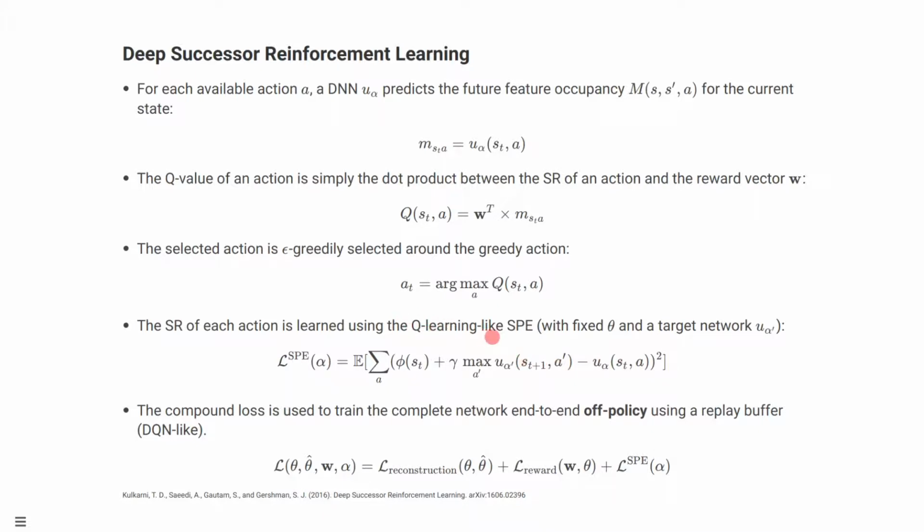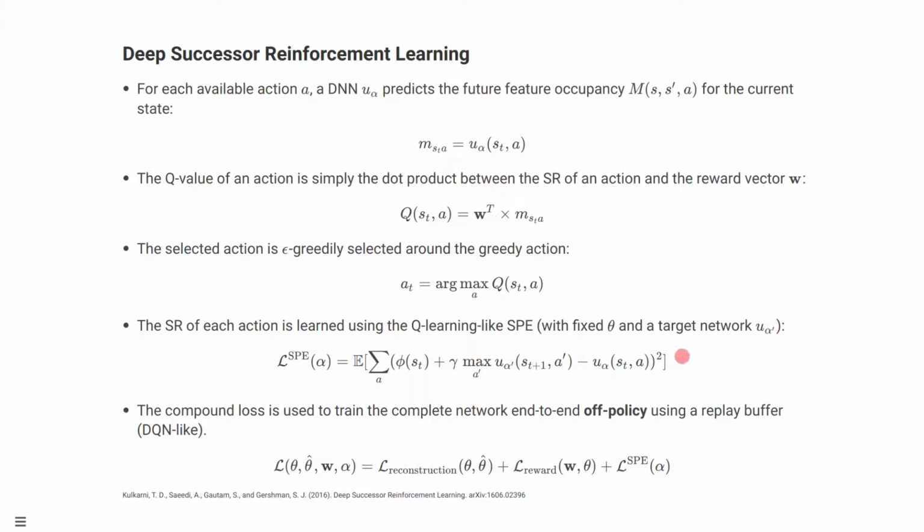So it's really Q-learning-like SPE, meaning that the next action that you take is the one which has the highest Q value. Here it's a bit of a shortcut. It's not the maximum SR, it's the maximum Q value, which is computed from the SR. It's more of a shortcut, but you get the idea. It's computed using a target network, alpha prime, so past values, just like in DQN.